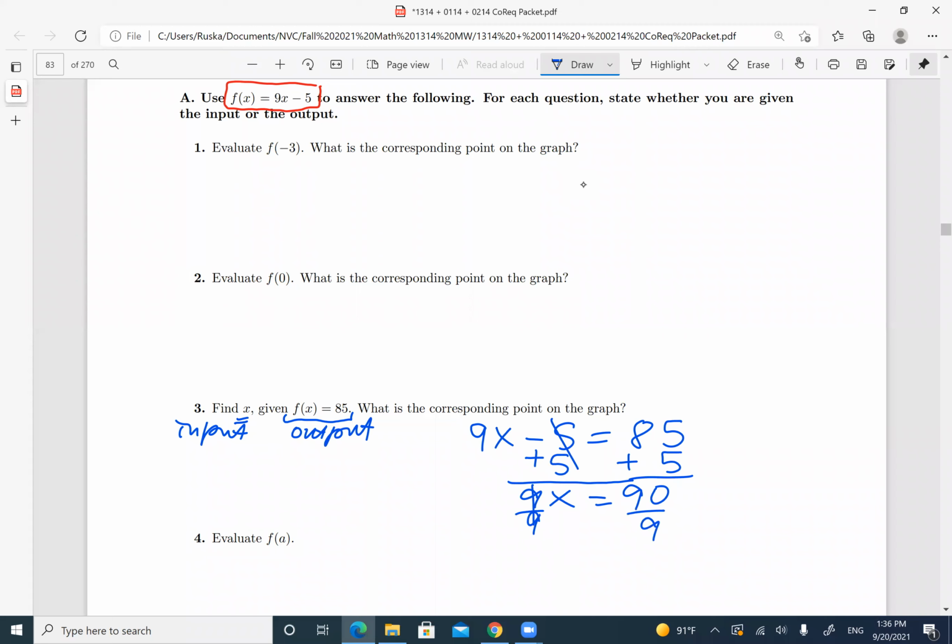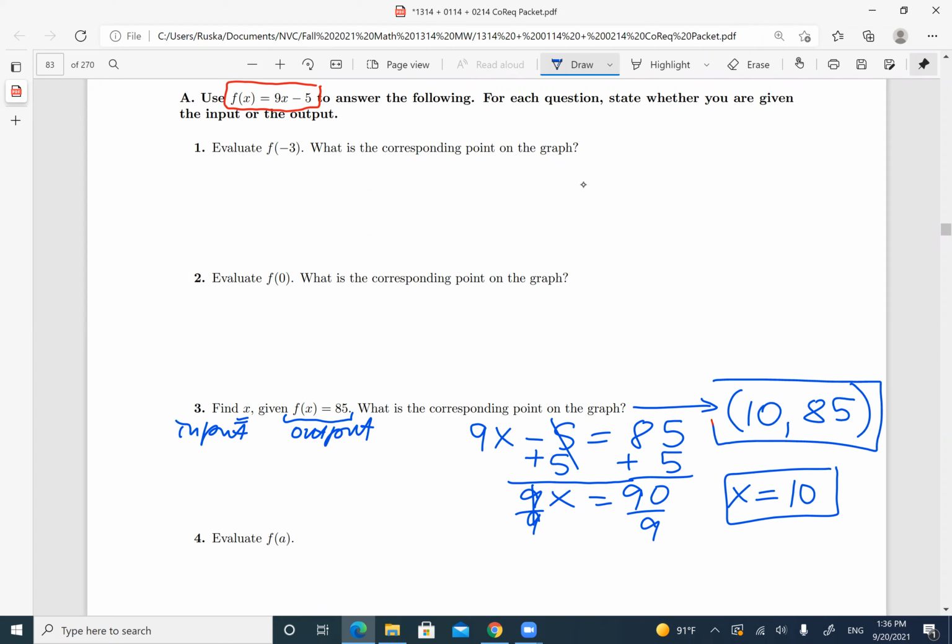And we get x equals 10. So x is 10. We found x. Now, what is the corresponding point on the graph? X is 10. And what is y? 85. Everybody see that? So this is the answer for the point on the graph. And this is the finding x answer, okay?